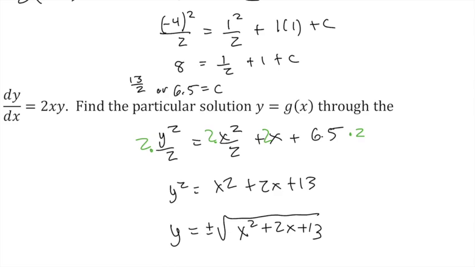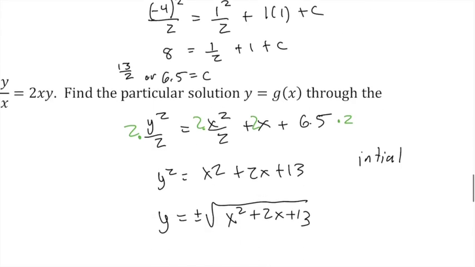But we know from our initial condition, because again, if you look, our initial condition was 1, negative 4. So our y value is going to be negative at 1. So if you plug in 1 here, that's 1 plus 2 plus 13. So that's 16.